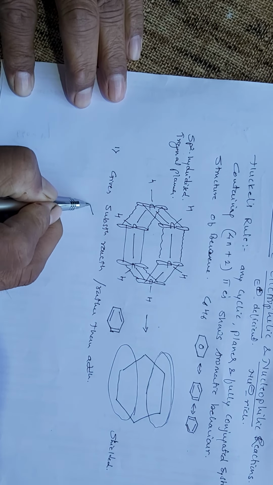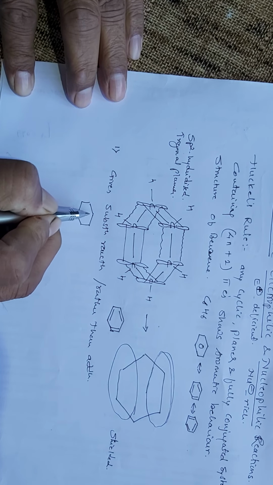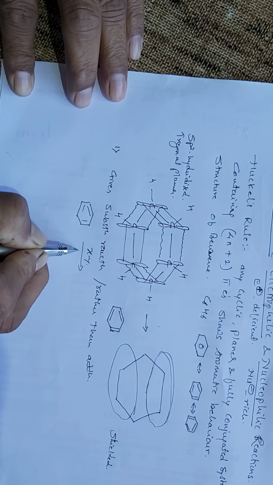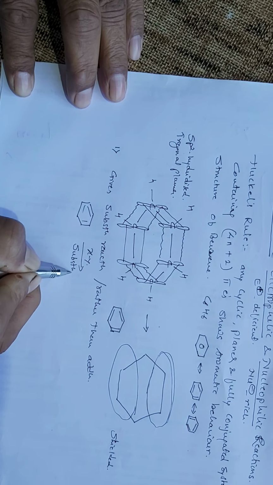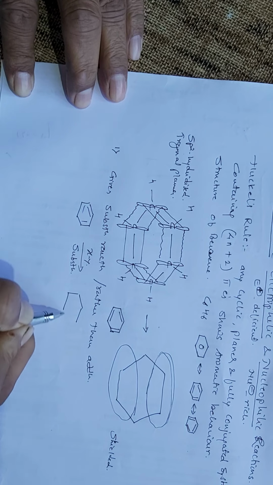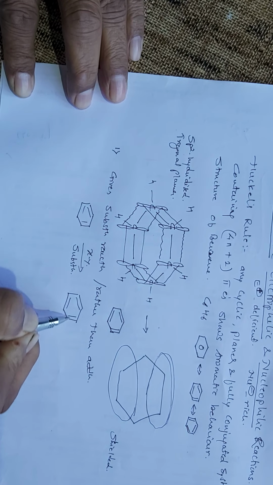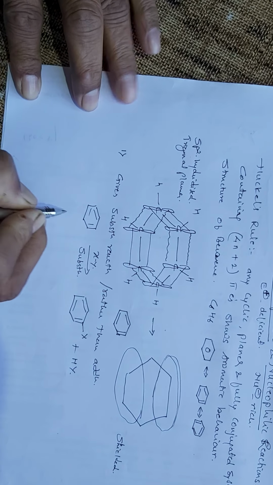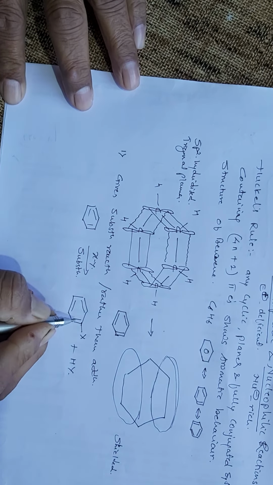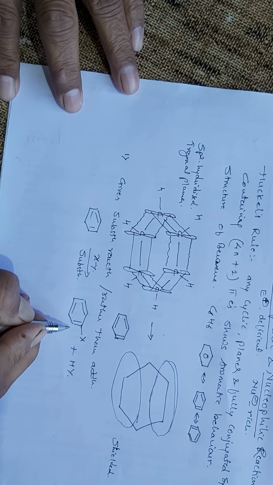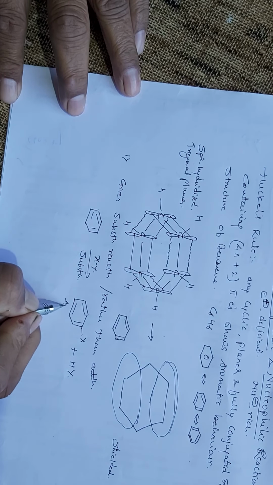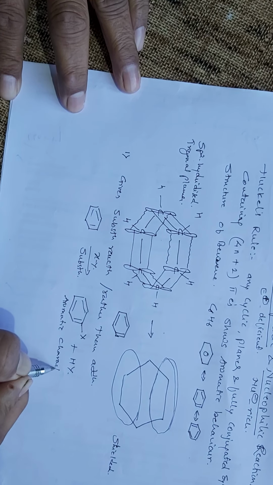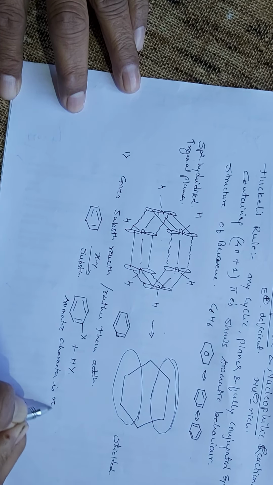Suppose benzene gives the substitution reaction: here the hydrogen atom of the benzene ring is substituted by X and HY is given out. This reaction is possible because the aromatic character of benzene in the product is maintained. Aromatic character is retained.